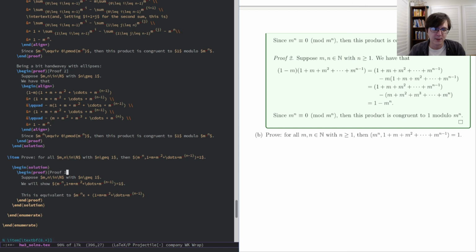This is proof 1. So m to the n x plus that y equals 1 having a solution. I guess that's just Bézout's identity.